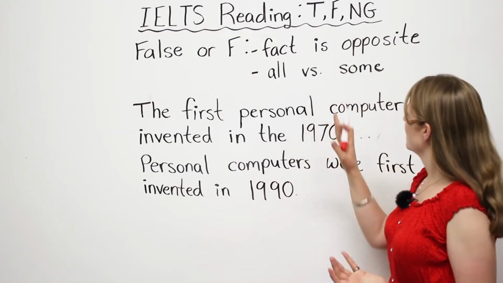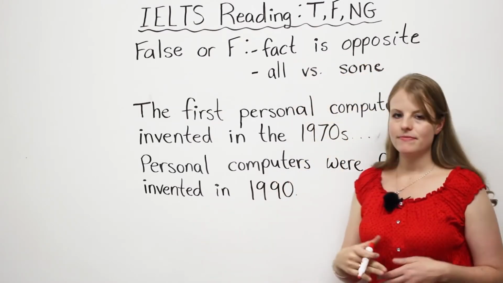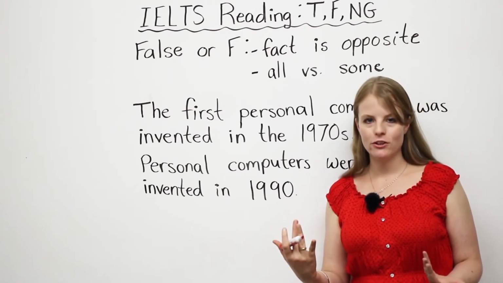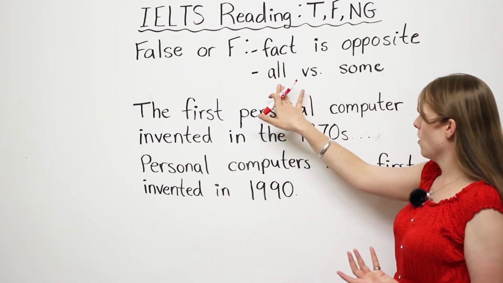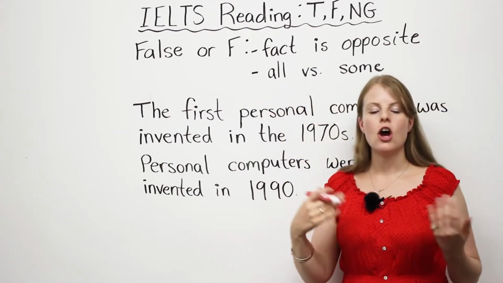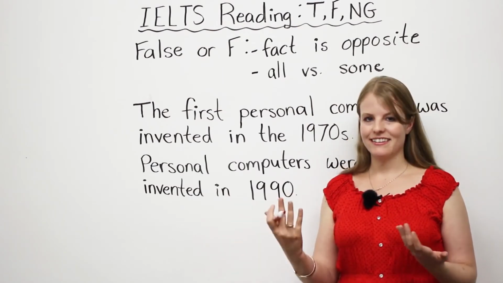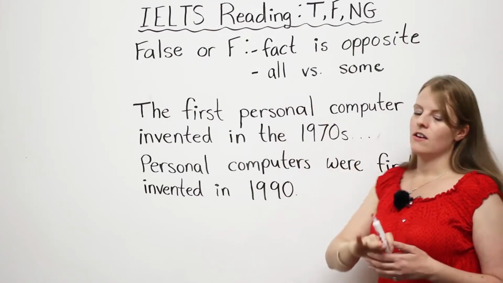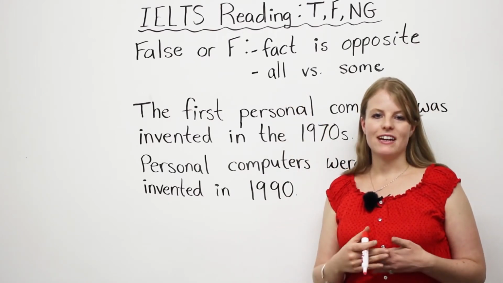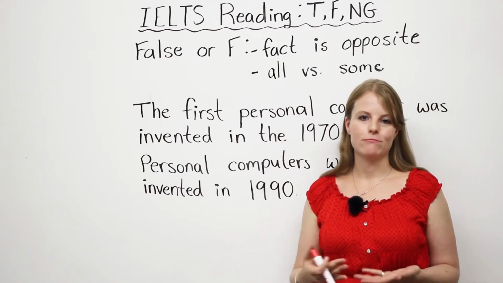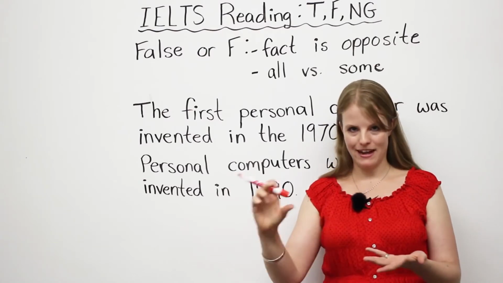Okay, so the fact is opposite, and again, you have to look out for words like all versus some, often versus always. This is how they trick you. So if it says all children should eat broccoli, if that's what the fact says.